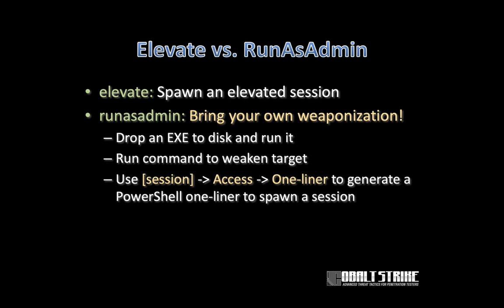For example, maybe you just want to run one command to weaken the target or meet your objective. RunAsAdmin can do that. Or maybe you think you can get away with dropping an executable to disk and running it in an elevated context with RunAsAdmin. That's an absolutely fine way to spawn a session.